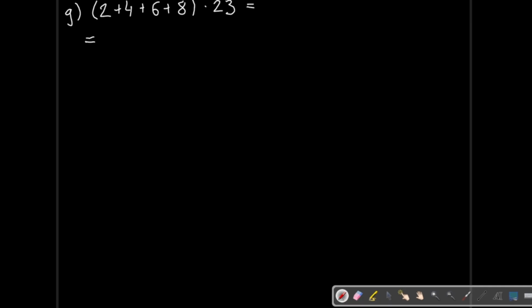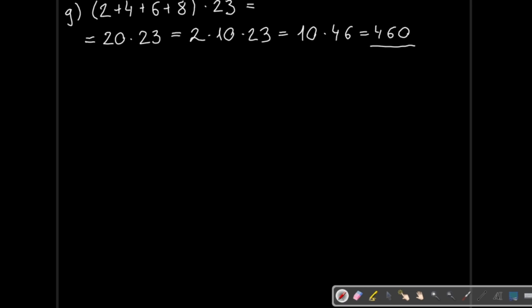We have 4 plus 6, which is 10, and 2 plus 8, which is also 10. Adding the tens together gives us 20 times 23. And now again, we can write that as 2 times 10 times 23. We can multiply 2 by 23, that gives us 46, then add an extra 0 to the 46. That's the answer here.